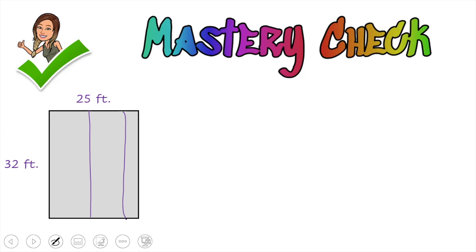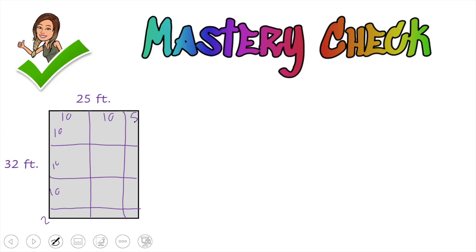And then a 30 we can break up into 10, 10, 10, and 2. Okay? So this is a 10, and that's a 10, and that's a 10, and that's a 10, and that's a 2. And that's a 10, and that's a 5. Okay? So that's how we can break things up if we wanted to measure it that way.